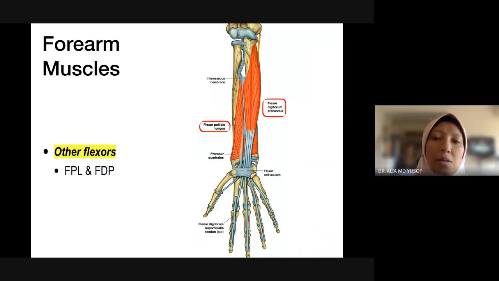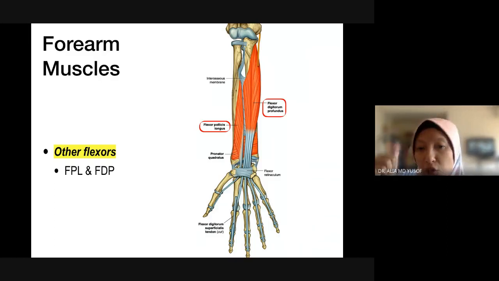Flexor digitorum profundus arises from the interosseous membrane of the radio-ulnar joint, and also the shaft of the ulna, and it inserts itself at the distal phalanges of all digits except for first digit.